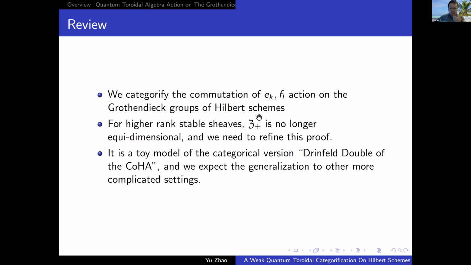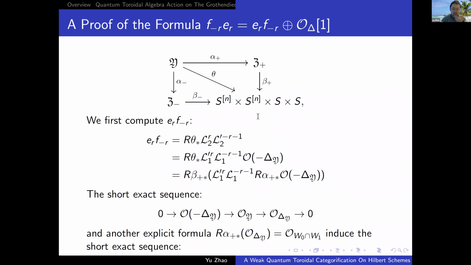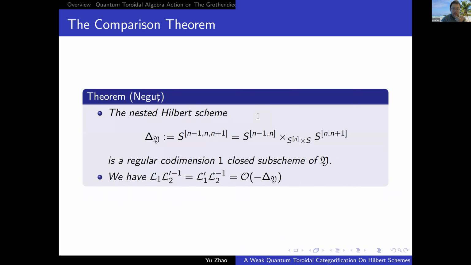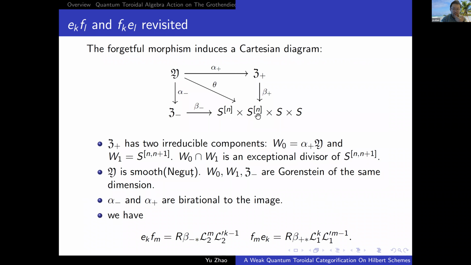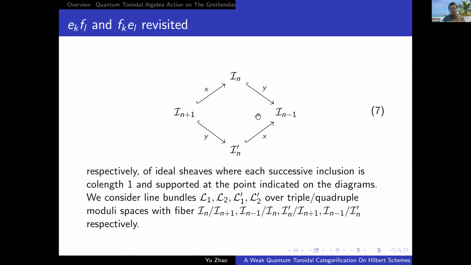Okay, now I need to come back and explain how we consider the two categorification. So for the two categorification, first we need EK and FL to be biadjoint to each other, and in this case it would require that the canonical bundle of the surface is trivial.